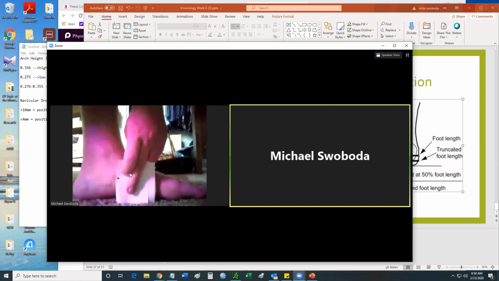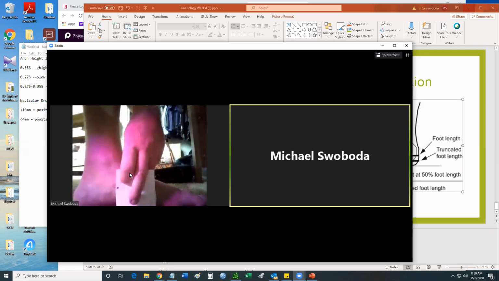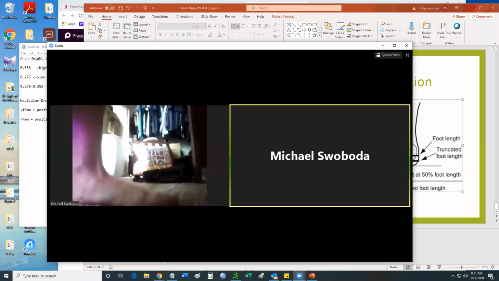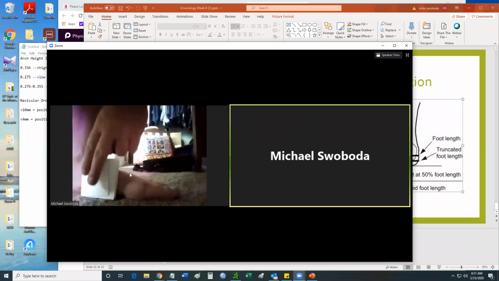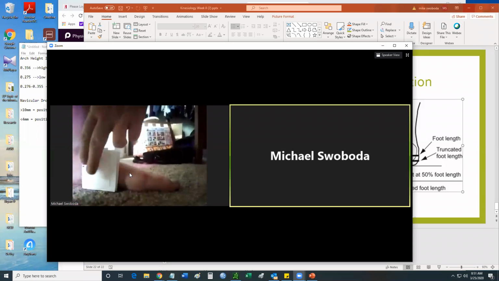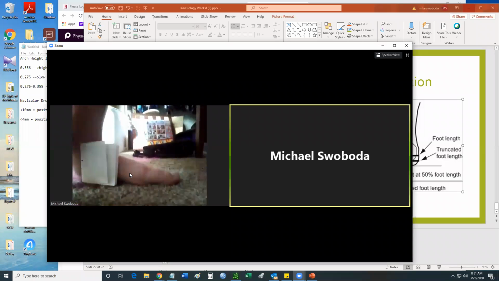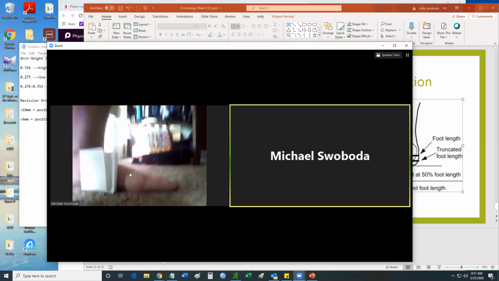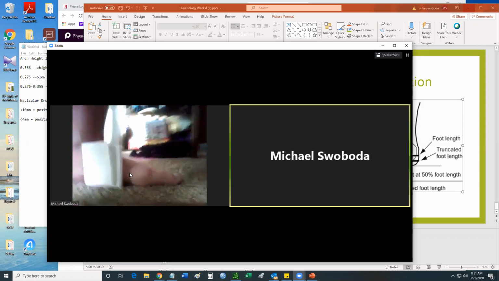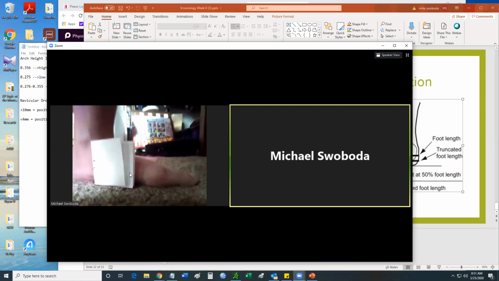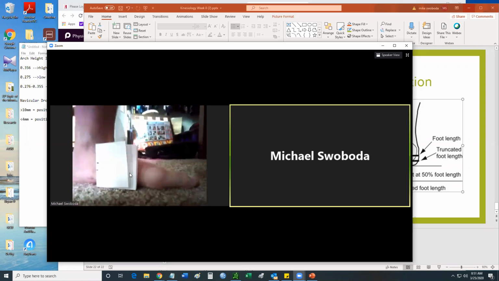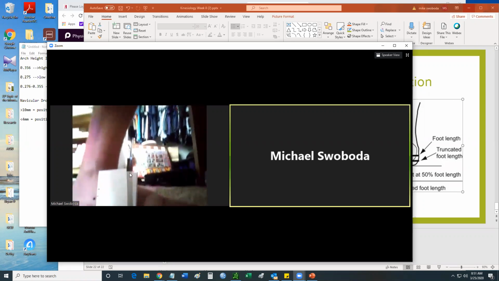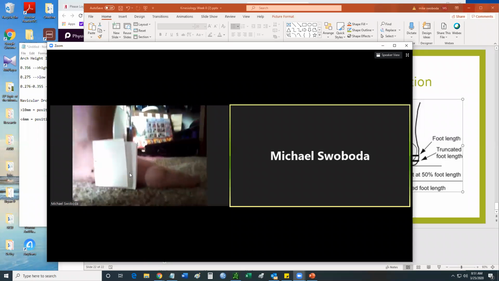Then I stand up, and you'll see how that dot has changed quite a bit. Now I mark where it is now, right there. That is my navicular drop.